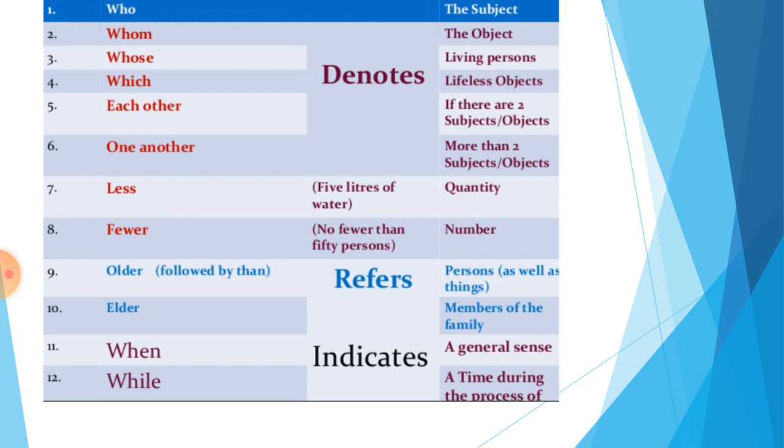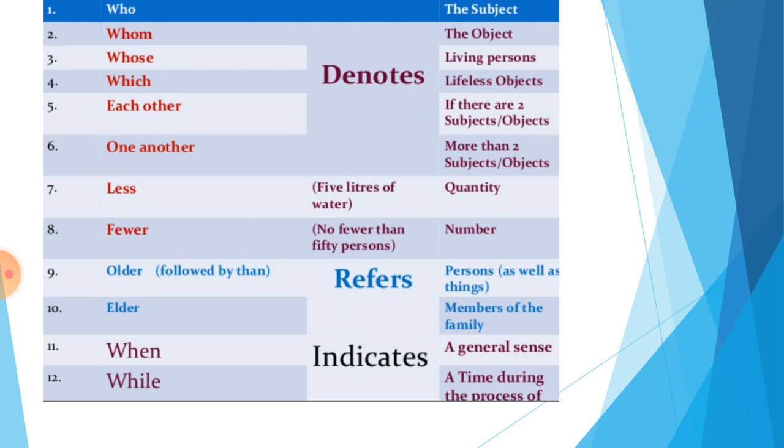One another denotes more than two subjects or objects. Less, 5 liters of water, less denotes quantity, fewer denotes number, older refers to persons, elder members of the family.